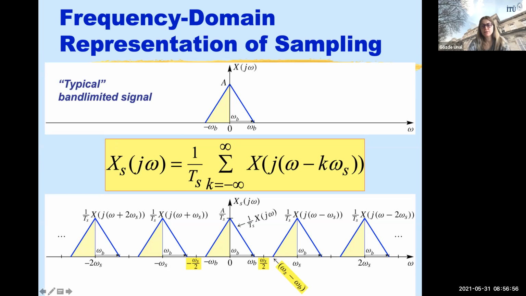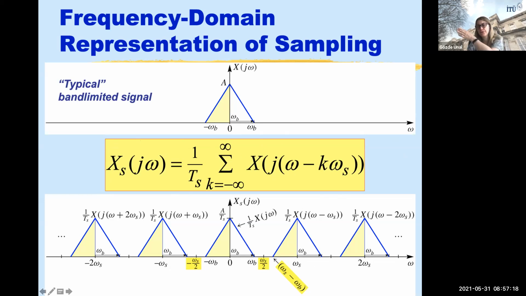Now we try to plot what this equation tells us. Take k equals 0: it's the centerpiece itself, x of j omega. K equals 1: shift this spectrum to omega s. K equals 2: shift this spectrum to 2 omega s.